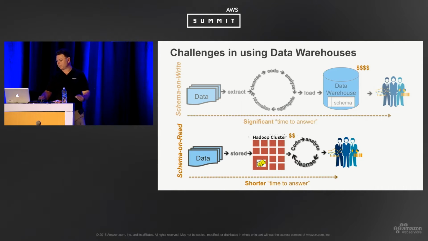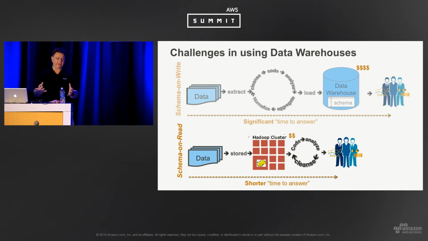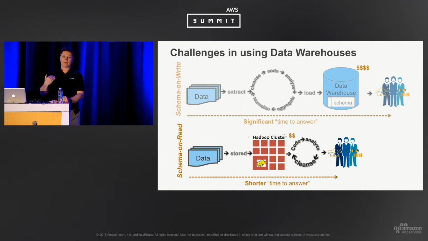So the benefits are shorter time to answer, higher agility, lower cost, and because you've got the original high fidelity data, all of that data in its original form immediately available, there's flexibility in the types of queries that the data scientists can ask. They can query the same data in a variety of ways because there isn't this rigid schema that's organizing it. Okay.